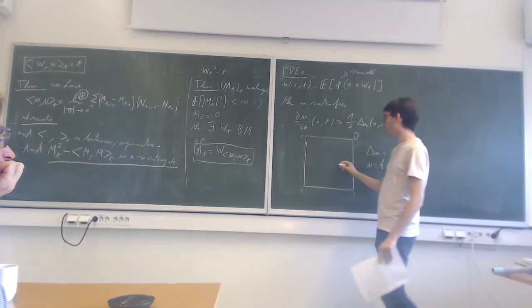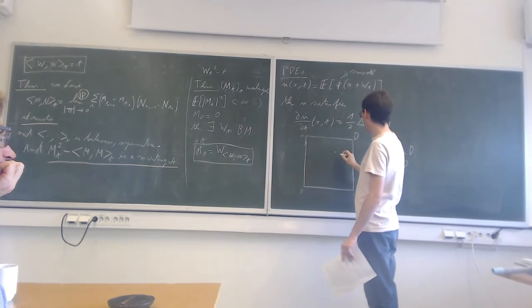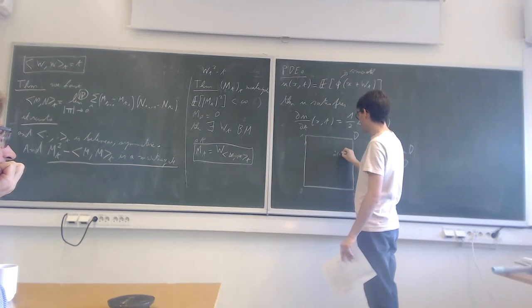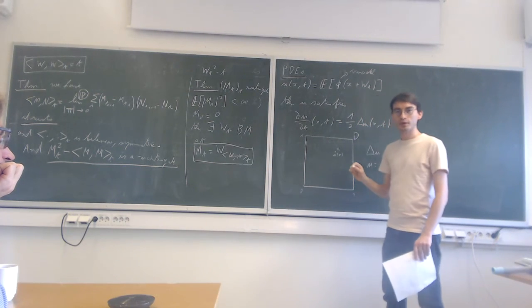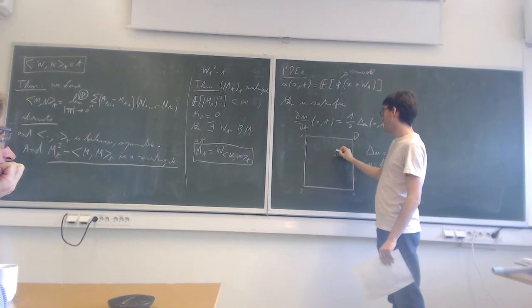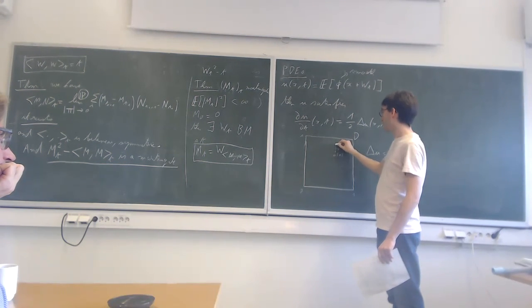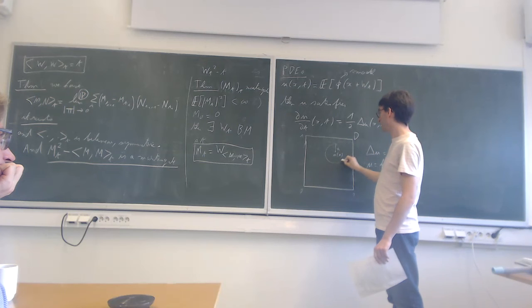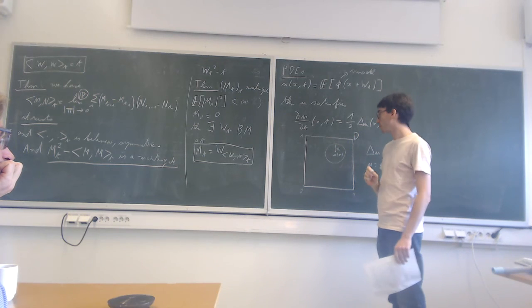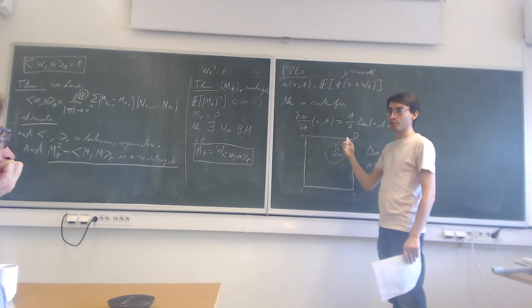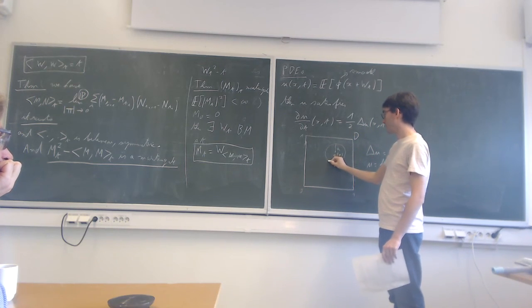The idea is the following. You want the solution u of x, starting at x. So you start at x, you take the distance between this point and the boundary. Let's say that you divide it by 2. You draw a circle, sorry. You take a point randomly on the circle, let's say here.